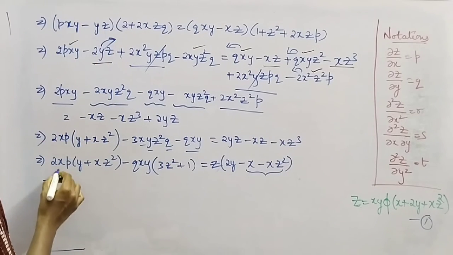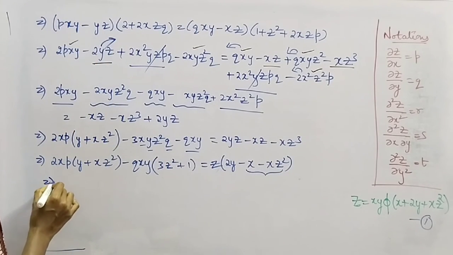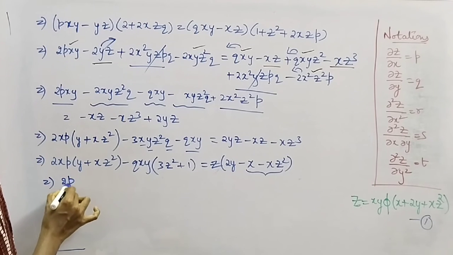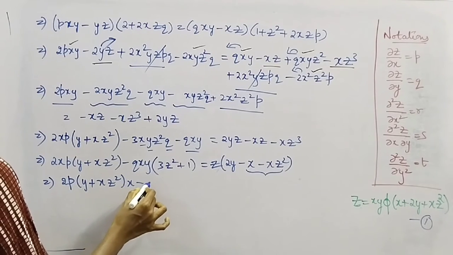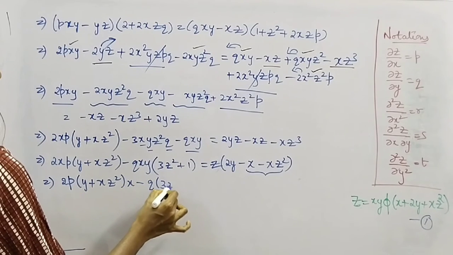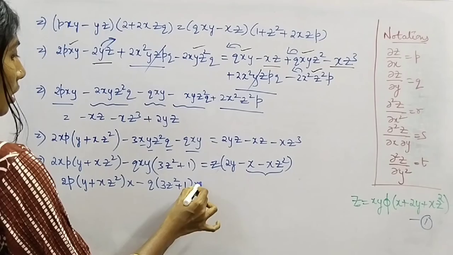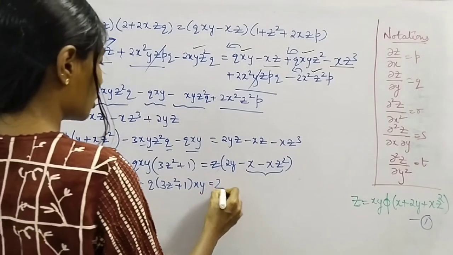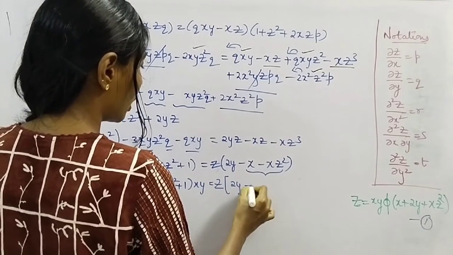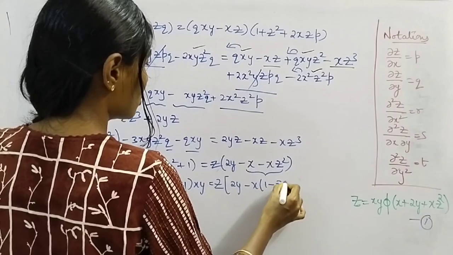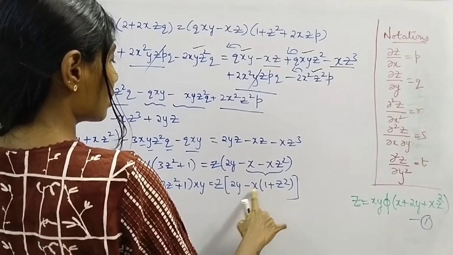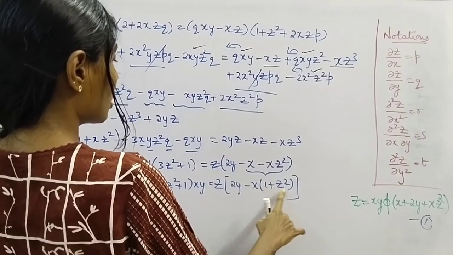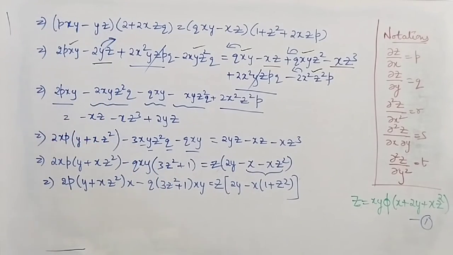You can write this as 2p times (y plus xz square) into x minus q times (3z square plus 1) into xy equal to z times (2y minus x) times (1 plus z square) minus x into (1 minus x) minus xz square, which is the required partial differential equation.